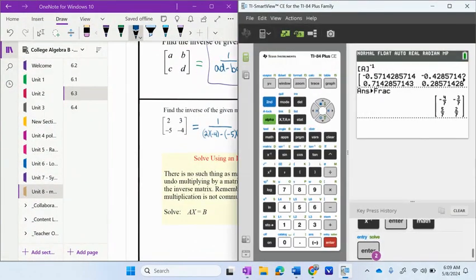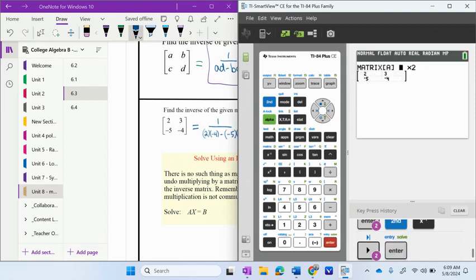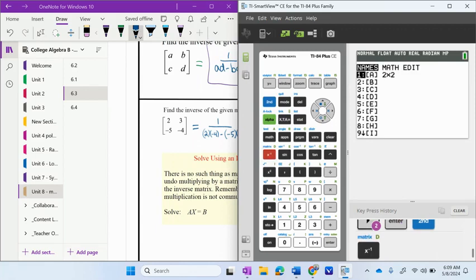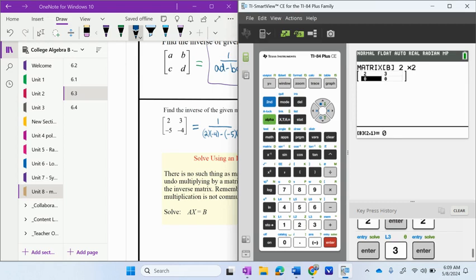Bring up the calculator. So I'm going to go to matrix now. This time I'm going to edit and I'm going to go to B. I'm going to put in matrix B, which is the original one. No, I need to put in my inverse matrix.